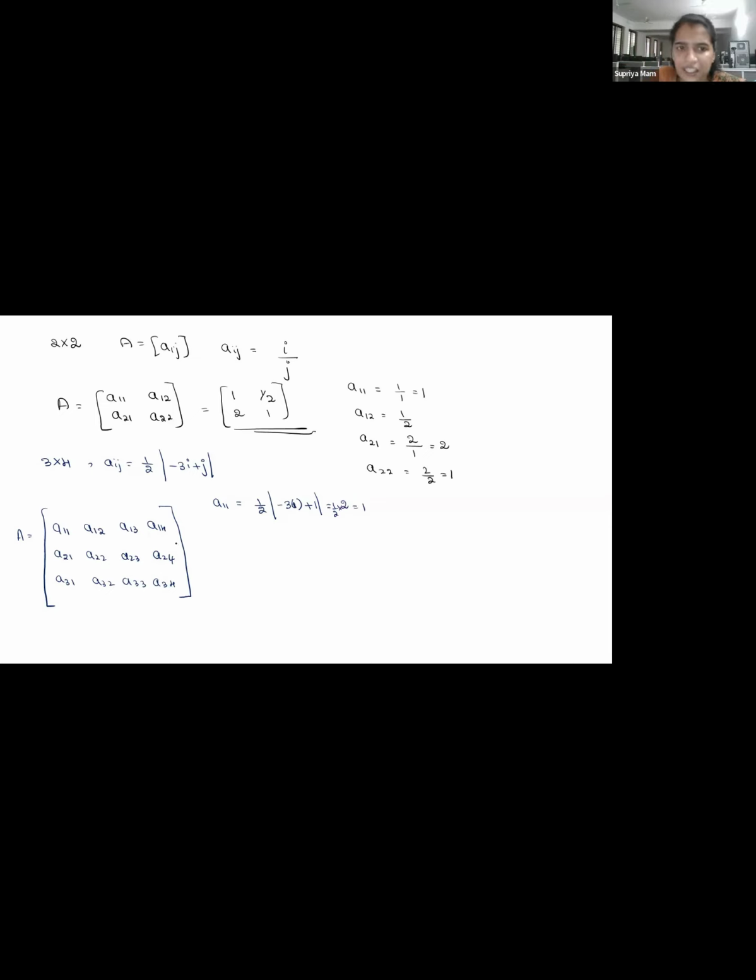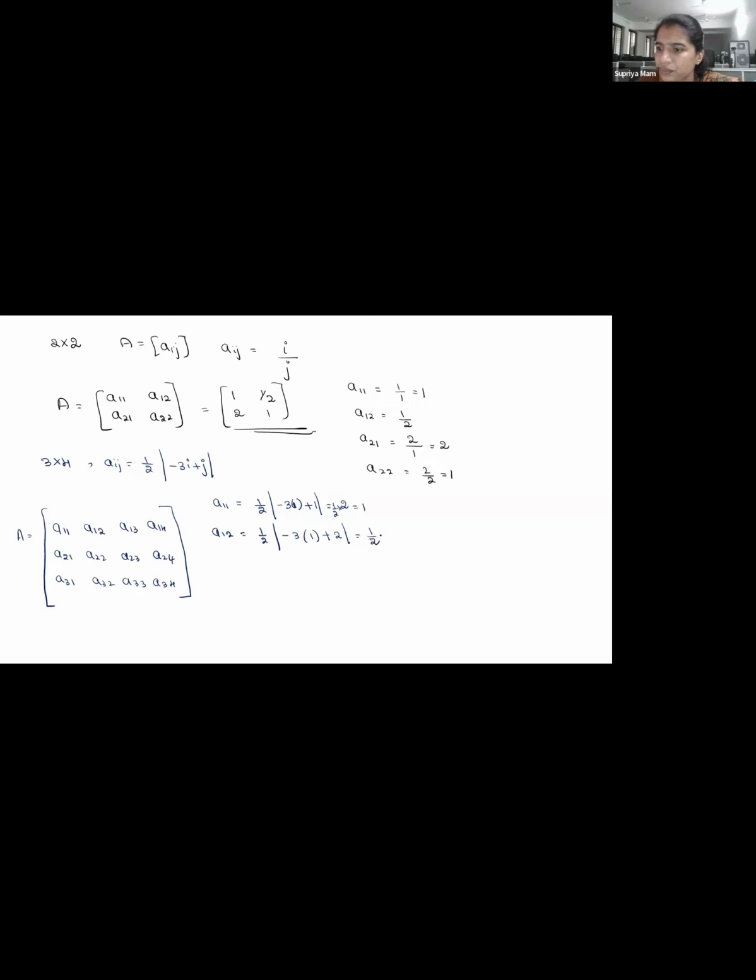Identify the entries one by one. A12, by definition, is 1 by 2 mod of minus 3 into 1 plus 2. Minus 3 into 1 is minus 3. Minus 3 plus 2 is minus 1. Modulus of minus 1 is 1. 1 into half.